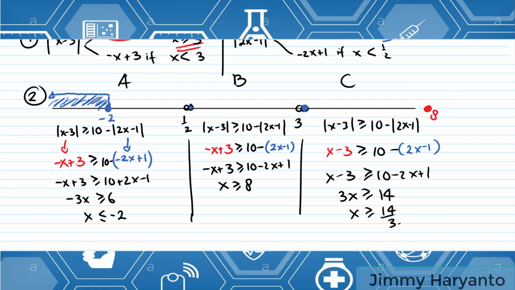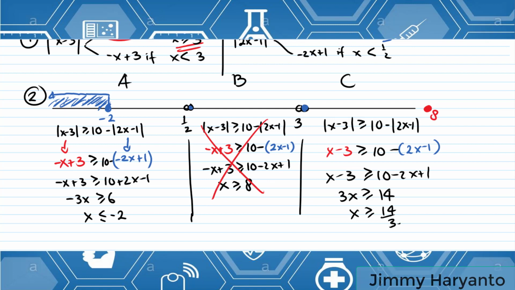Therefore there is no red line in room B, right? Usually I draw like this, and then we have to cut it right here, and then we erase this one, right? So in room B the answer is this one. But now we don't have anything at room B, so in room B there is no solution.